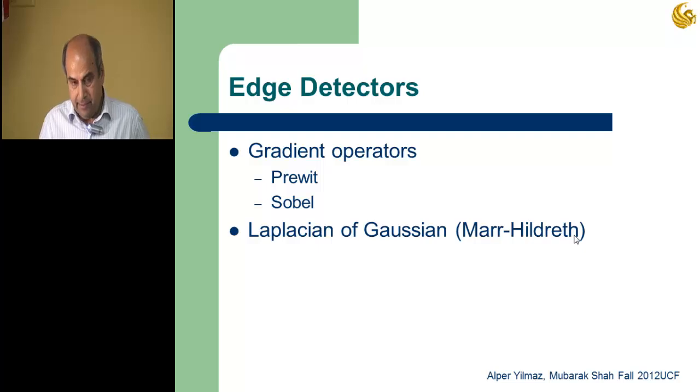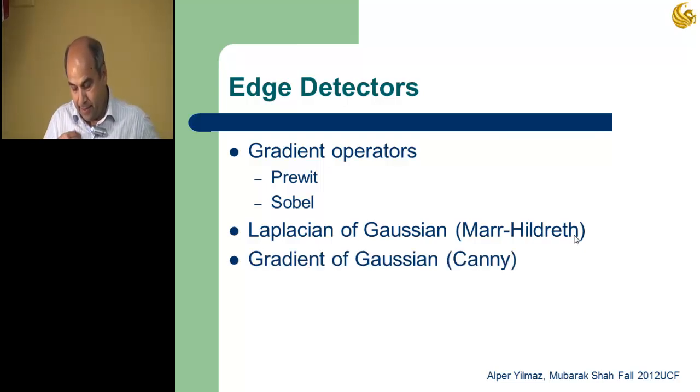The better one is called Laplacian of Gaussian, and that's why I say the Gaussian has been very popular. This was developed by Marr and Hildreth, and we are going to talk about it in detail. And then there's another good one, even better than Laplacian of Gaussian, called the Canny edge detector, and that's probably the ultimate. That's the best edge detector.